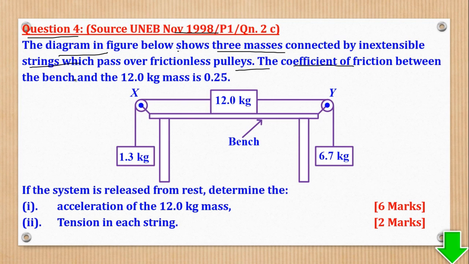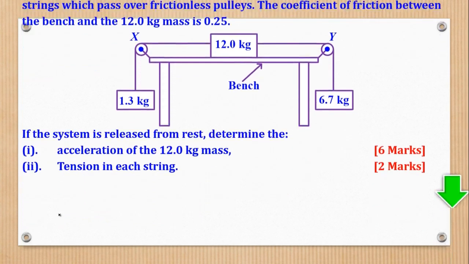The coefficient of friction between the bench and the 12 kilogram mass is 0.25, as you can see here. If the system is released from rest, determine: one, the acceleration of the 12 kilogram mass, and two, the tension in each string.